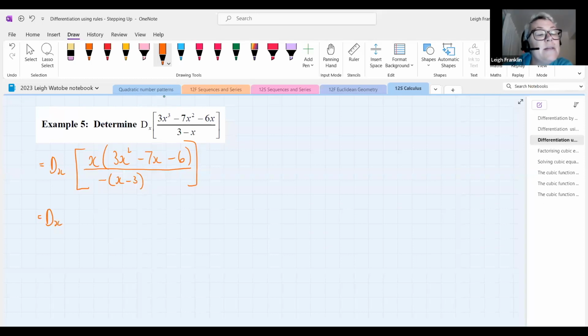Keeping my d/dx, keeping my square brackets, I'm now going to factorize the trinomial in the numerator. So I'm going to have 3x in one bracket, x in another bracket, and I've got my minus 1 times x minus 3 at the bottom, close my square brackets. Now I'm going to factorize this trinomial.